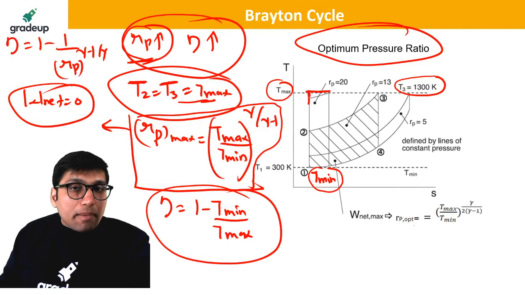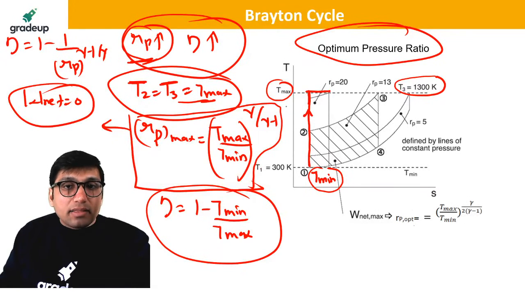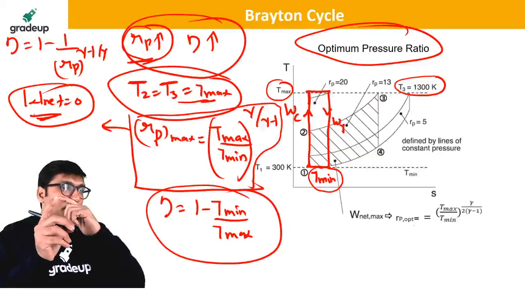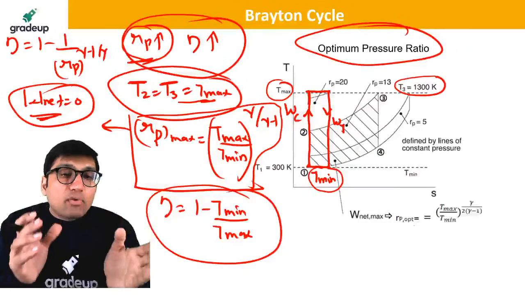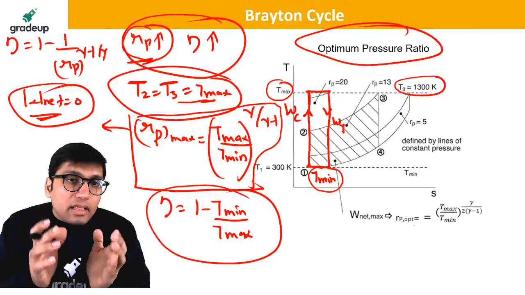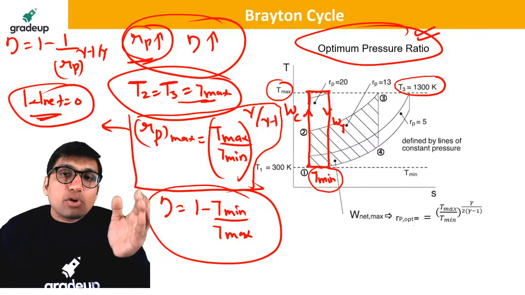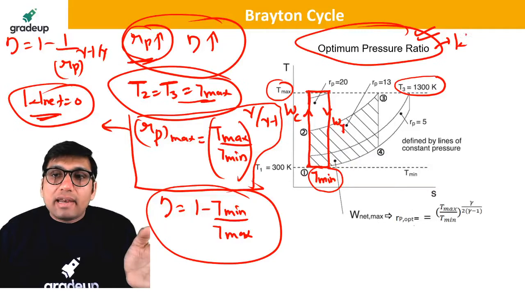Because when you increase the pressure ratio to the maximum, the compressor work becomes equal to the turbine work, and so the net work becomes 0. That is why we have to find the optimum pressure ratio. Optimum pressure ratio is that pressure ratio at which net work becomes maximum.